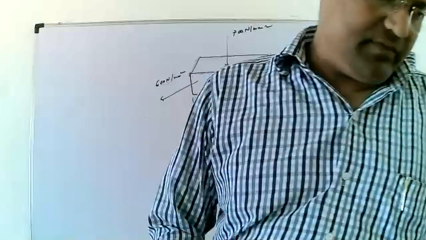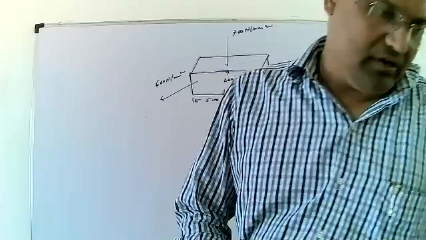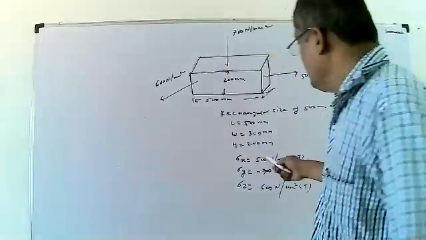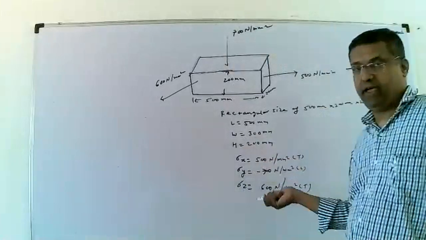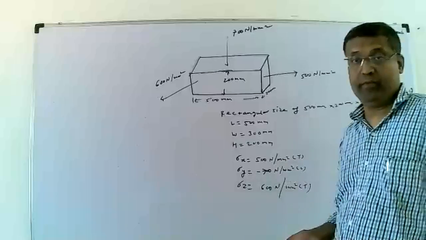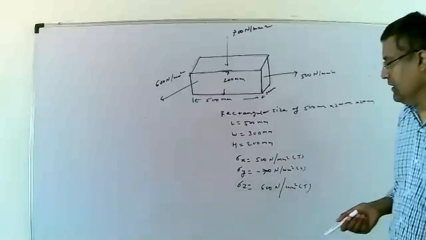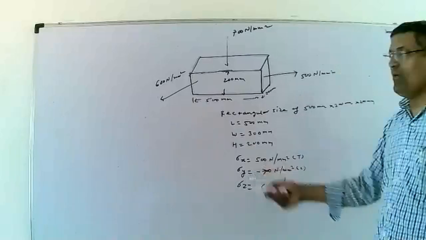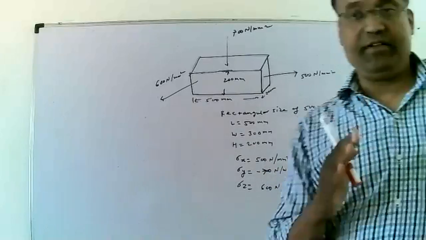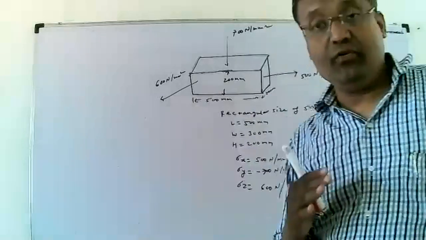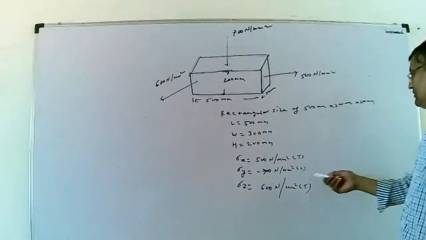In this diagram, you have to provide the stress induced along x direction, that is sigma x, equal to 500 Newton per mm square, tensile in nature. Then sigma y, that is compressive in nature; compressive stress is represented by a negative sign, minus 700 Newton per mm square.